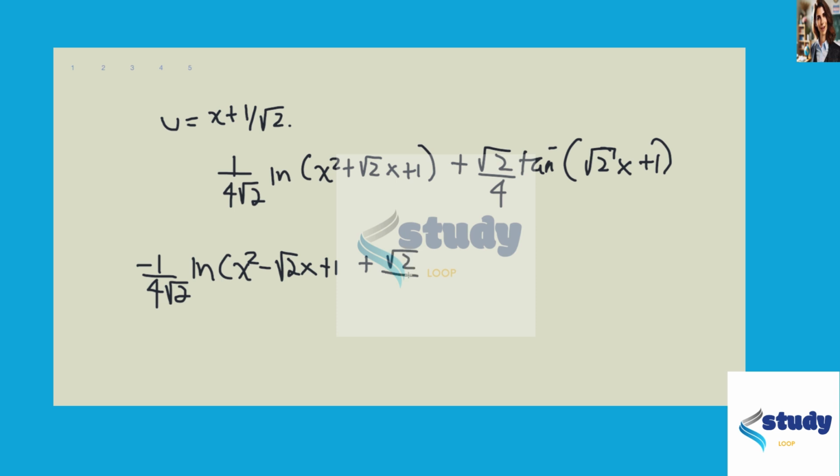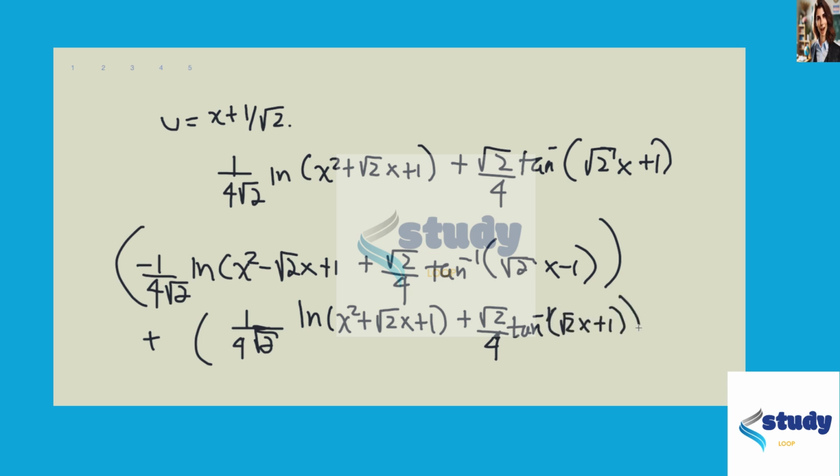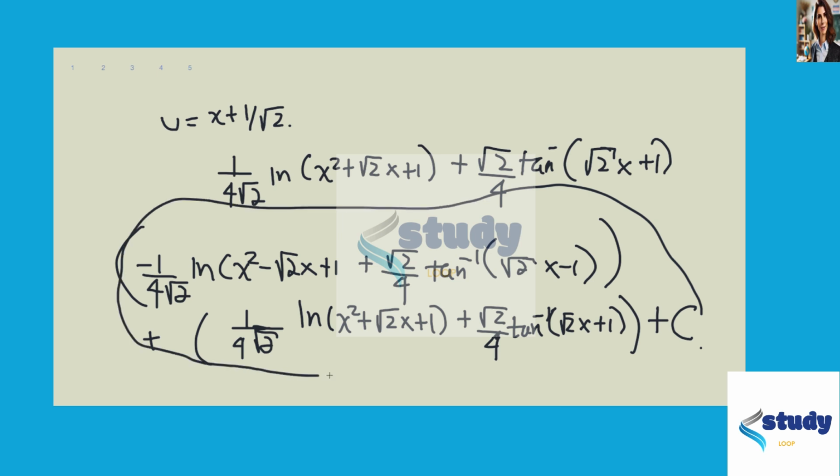This was our first integral that we worked out in full detail, and now we add the answer from this page. Then we have root 2x plus 1. And finally we'll add our constant of integration c. And that's our final answer.